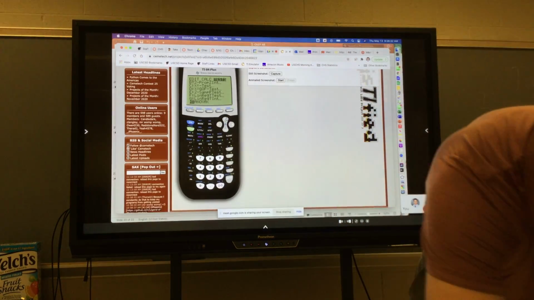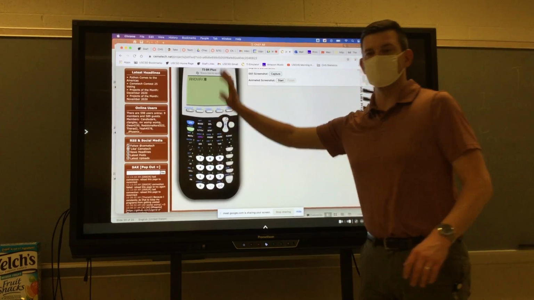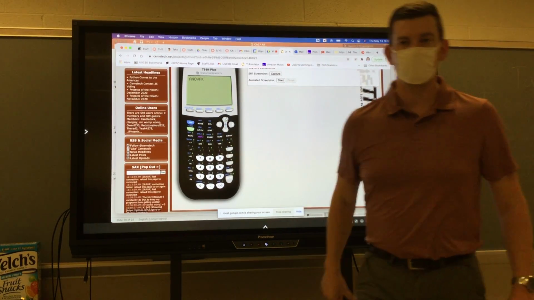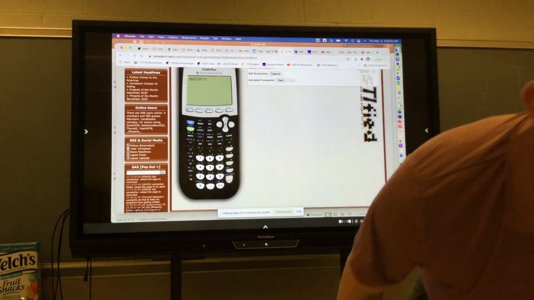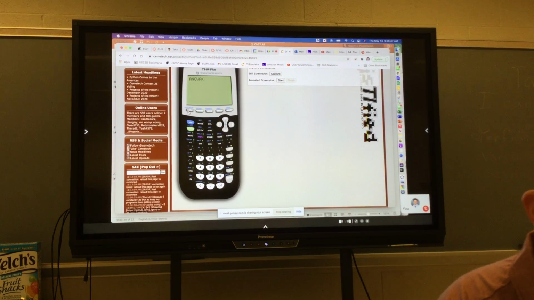And you'll also notice that when we select ANOVA, we don't have our usual input screen. Instead, it's just old school open parentheses. We need to tell it which lists we are comparing. So we're going to go second L1, comma, second L2, comma, second L3.